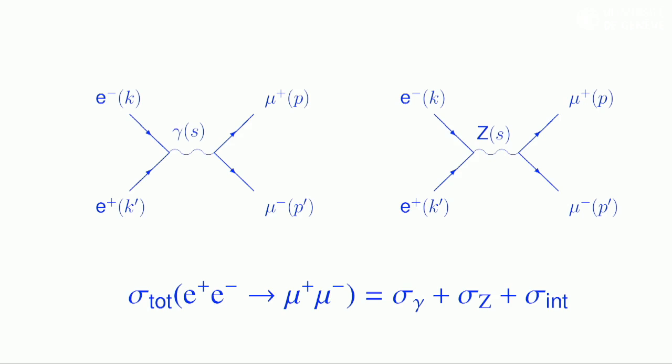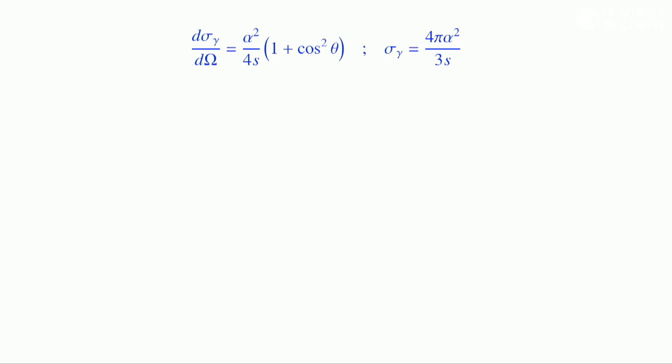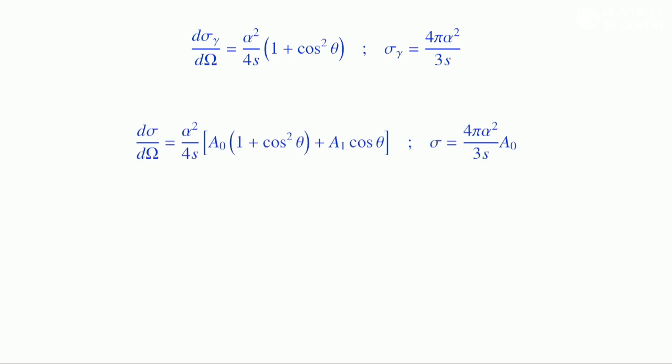The first term, sigma gamma, contains the square of the photon exchange amplitude, the second one, sigma Z, that of the Z exchange, and the third one, sigma int, the interference between the two. For the photon alone, we already quoted the cross-section in video 4.5. The total differential cross-section, which also takes into account the other two contributions, contains a term symmetric in the scattering angle theta, like the one we had found for the photon.